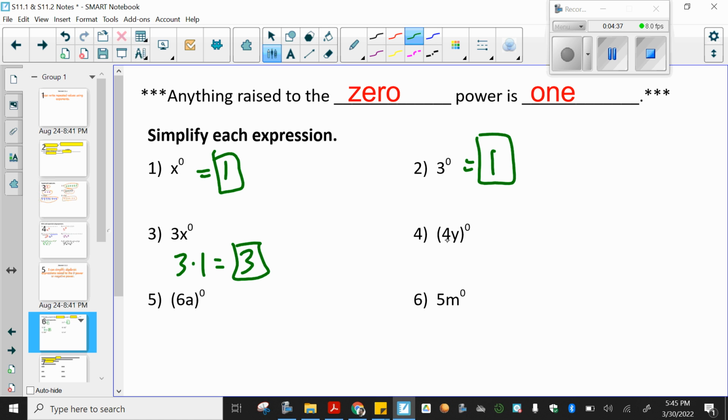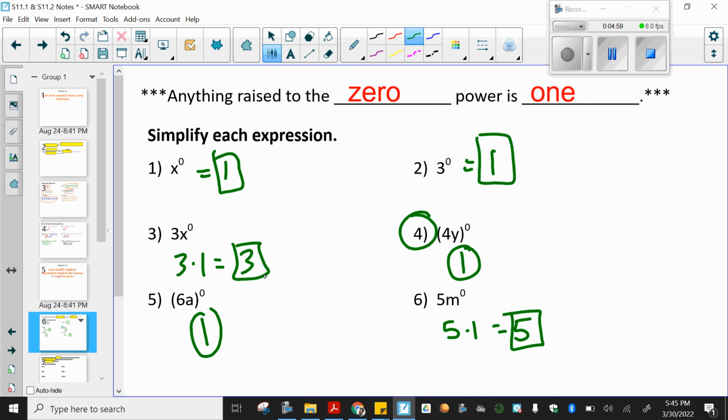How about 4 times y, all raised to the 0 power? Well, the whole thing's raised to the 0, so that is 1. Same thing. 6 times a, raised to the 0 power, 1. Ooh, 5 times m to the 0 power. Well, m to the 0 power is 1, so this is 5 times 1, which is 5. Then notice the difference.